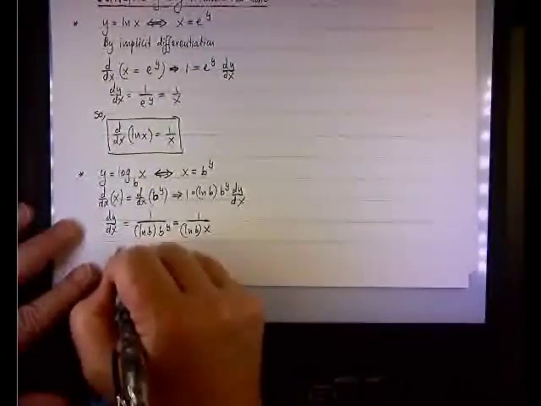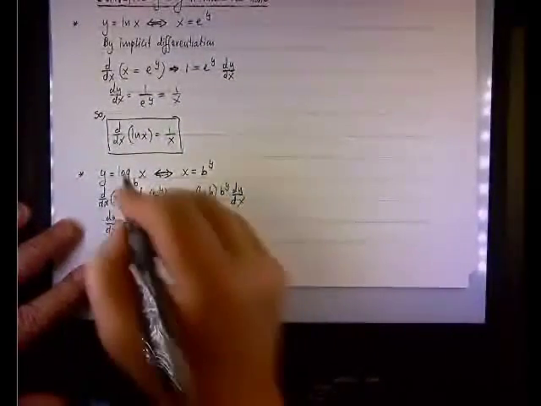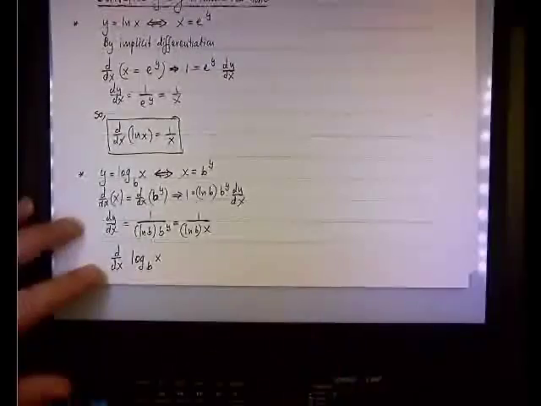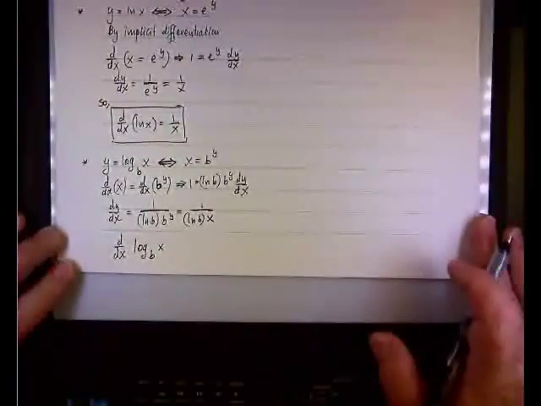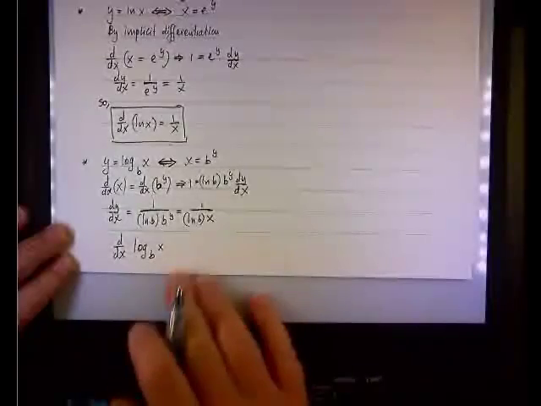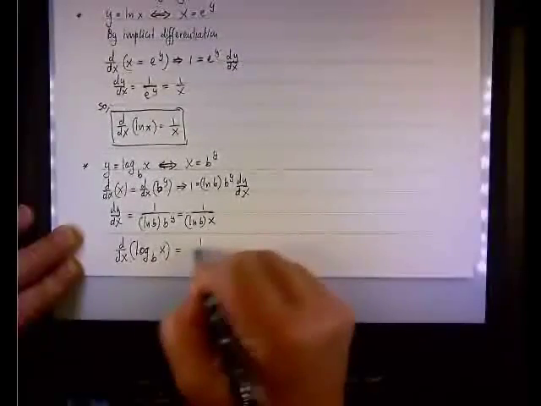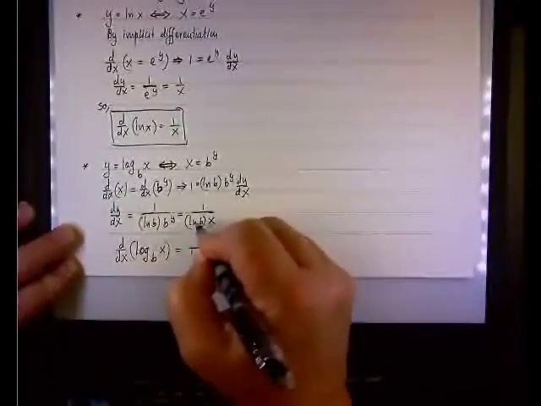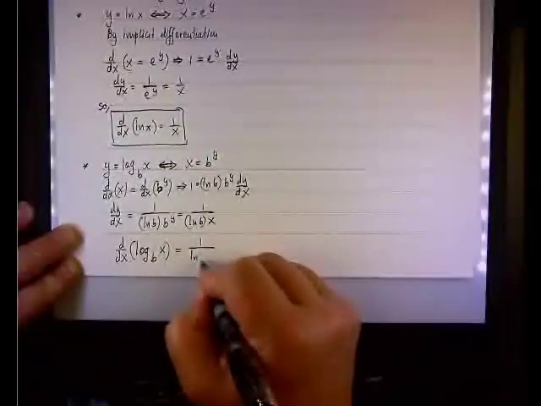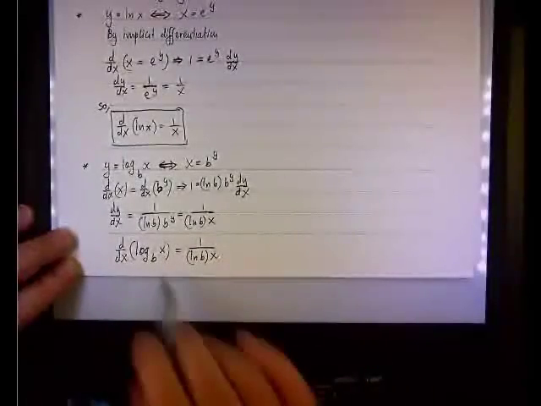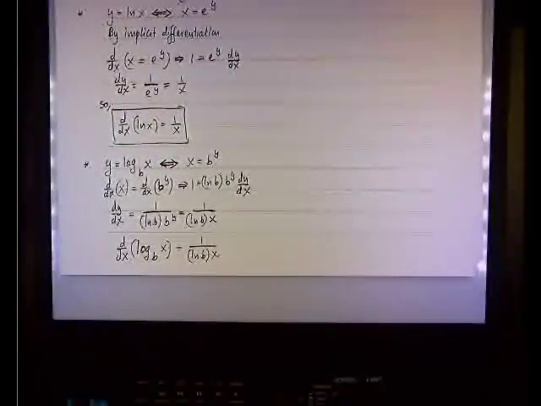So here's the other rule for the logarithmic function. This is the generic base b. Normally when we're talking about the common log, it will be log base 10, so b will be 10. The derivative will be 1 over the natural log of b times x. So if b equals 10, if we're talking about the common log, then the derivative of log x will be 1 over natural log of 10 times x.